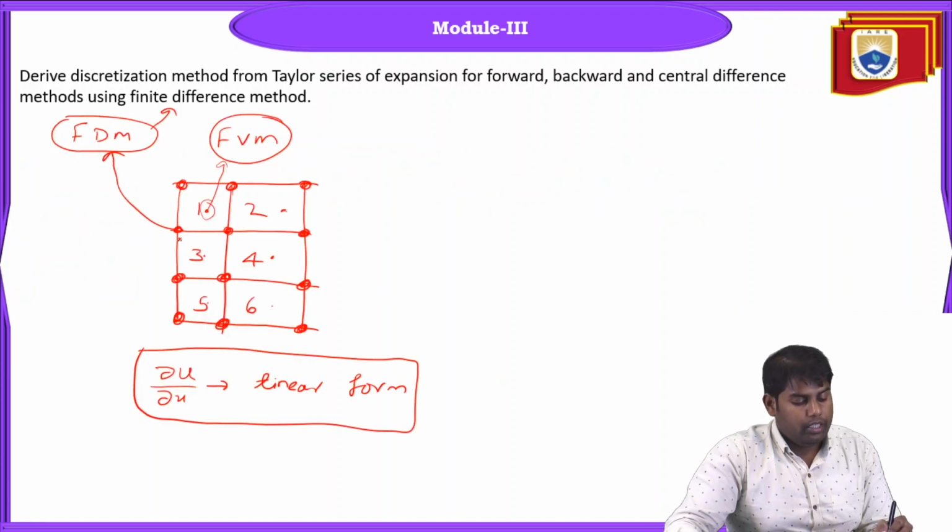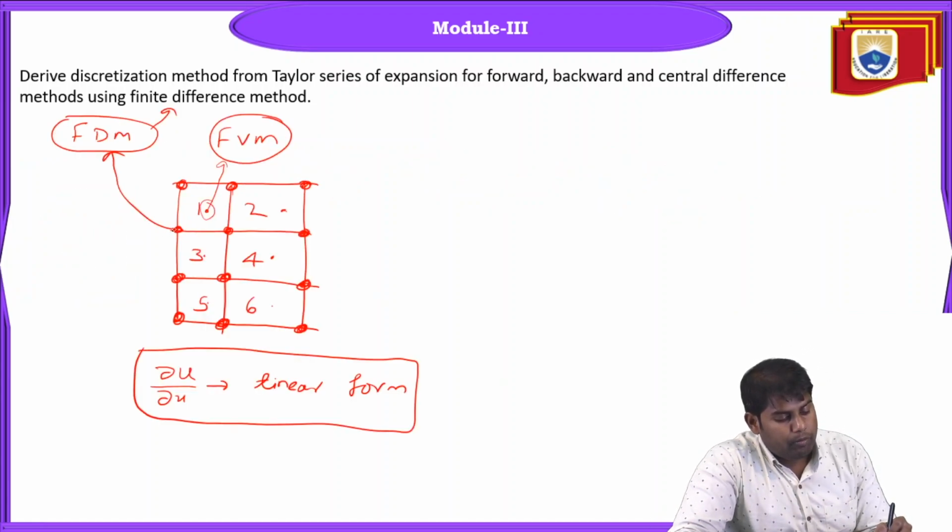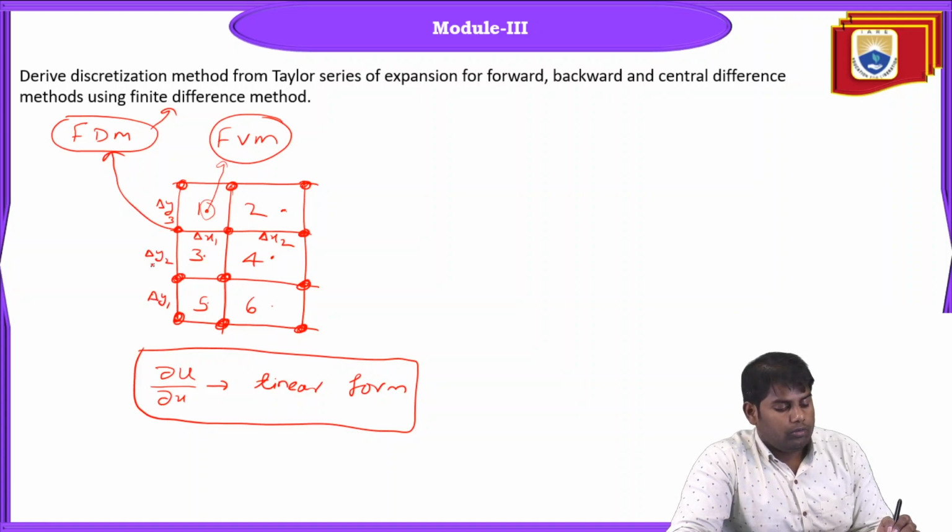Here you can see this grid point and this grid point, the horizontal distance is called delta x, and the vertical one is called delta y. So we have delta x1, delta x2, and delta y1, delta y2, delta y3.